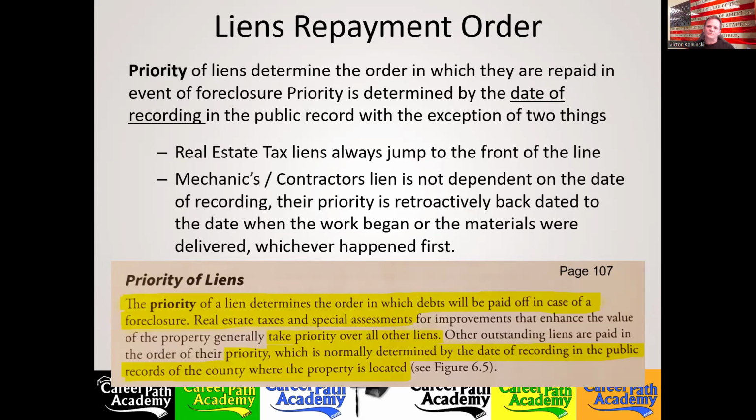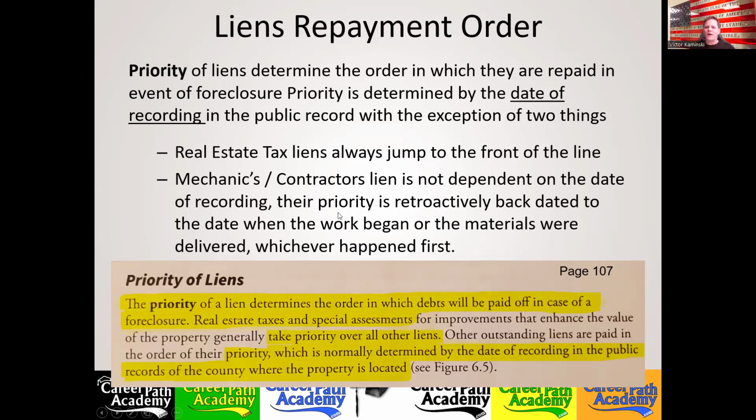Now, in normal circumstances, if your taxes are all paid up, in the event of foreclosure, the priority of which liens get paid back first is established by the date of recording of that lien in the public records, with the exception of two liens only: taxes, because taxes always jump to the head of the line, or a mechanic's lien, which is a contractor who had not been paid for work that they performed.